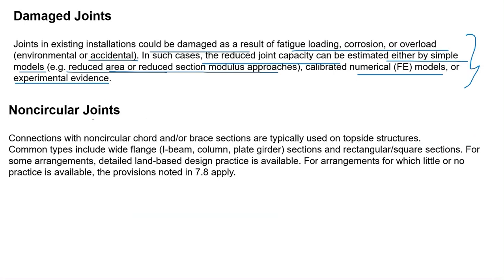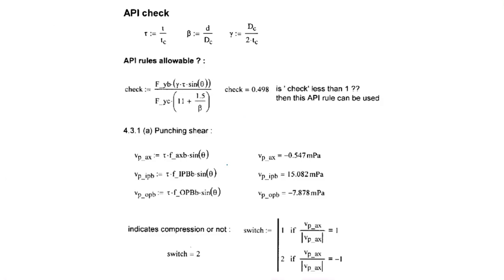Non-circular joints, like all these rings where we have bearing type connections, we are basically going with I column, all these things by our AISC method only. That is okay. We have some API check for this, the spreadsheet. We need to give these parameters: tau is the thickness ratio, thickness of brace by thickness of can.